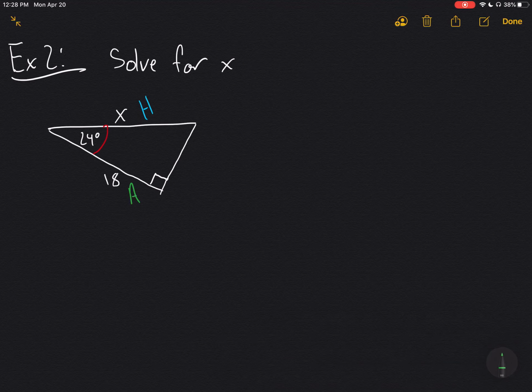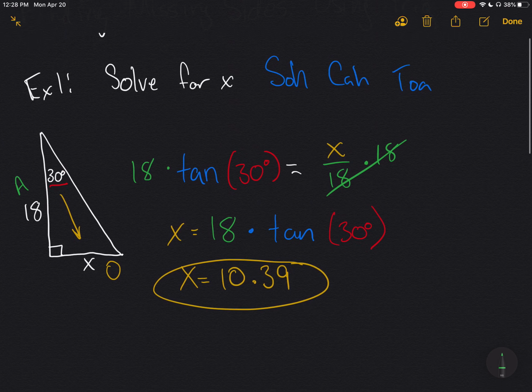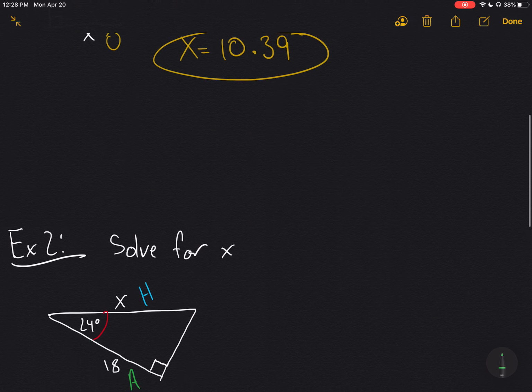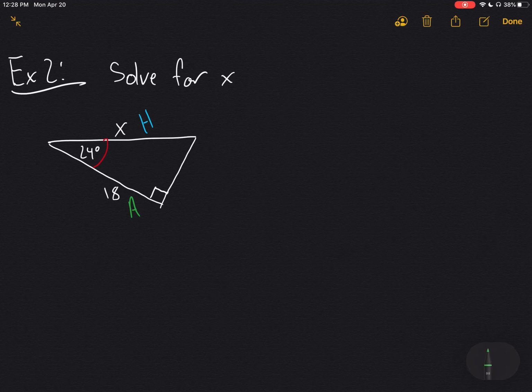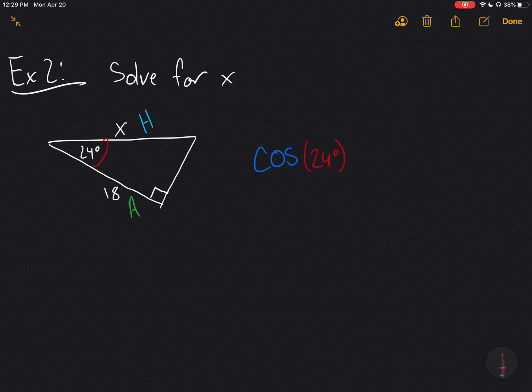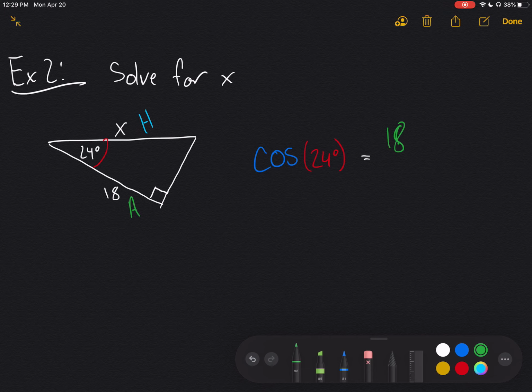So we've got the adjacent and the hypotenuse. If I go to SOHCAHTOA, adjacent and hypotenuse, it looks like I should be using cosine, so I'm going to start setting that up. So the cosine of our angle, which is 24 degrees, is equal to the adjacent, which is 18, over the hypotenuse, which is going to be x.